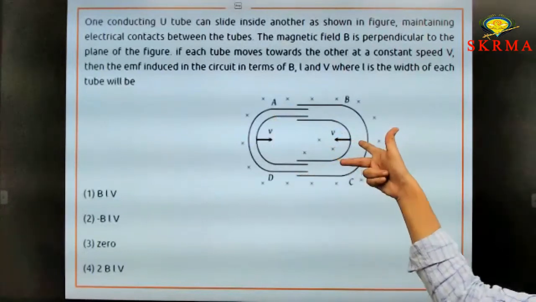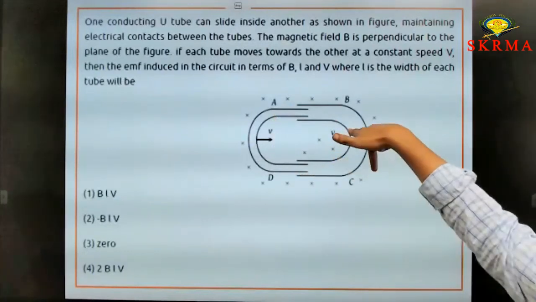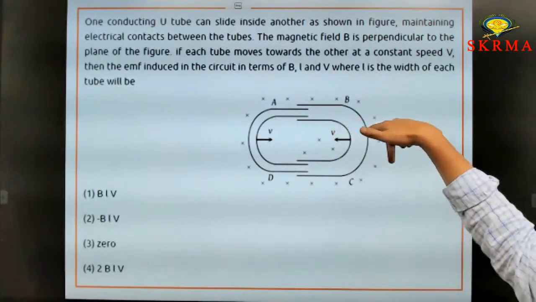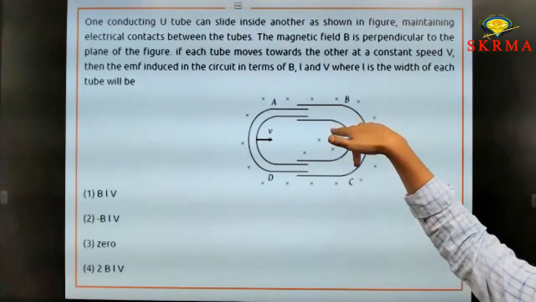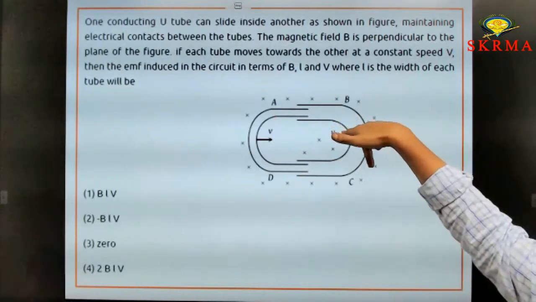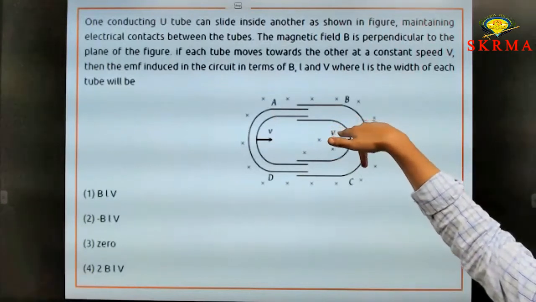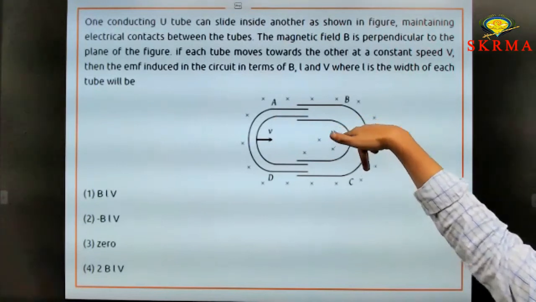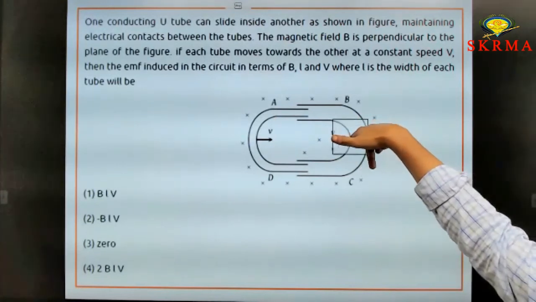The thumb represents the force, nothing but the direction of V. Then what is the current direction here? Downward. Just simple like this.